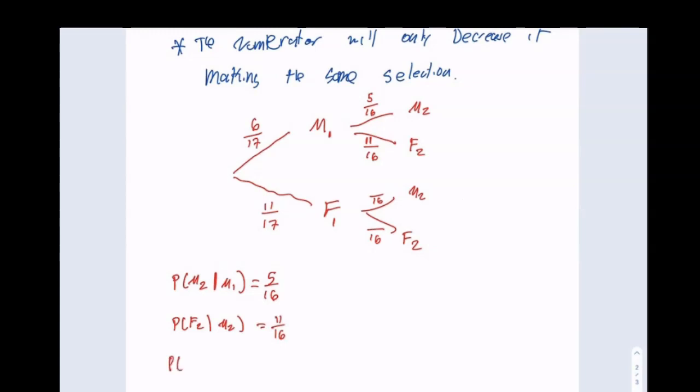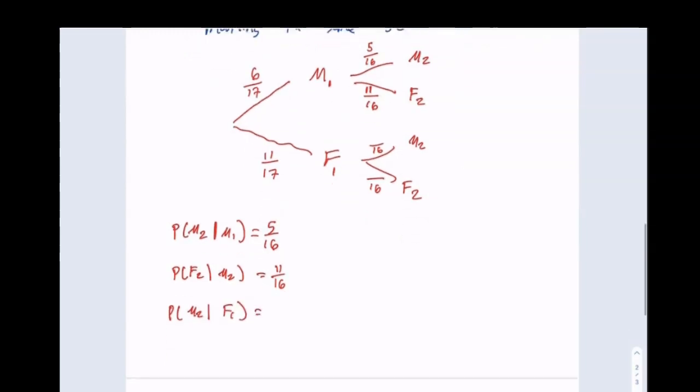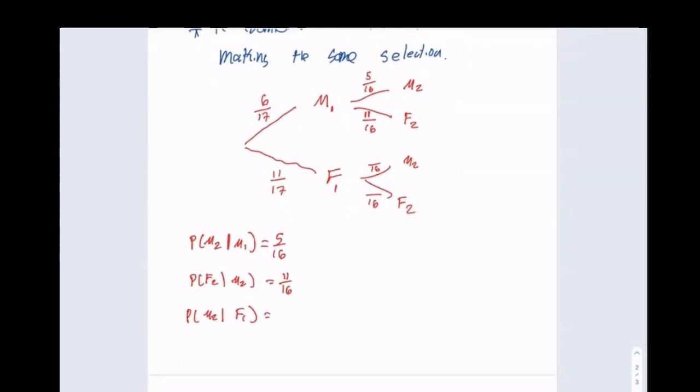What's the chance that I select a male for my second selection given I selected a female already? How many males are there remaining after I've selected a female? Start off with 6 males, 11 females. I selected a female.